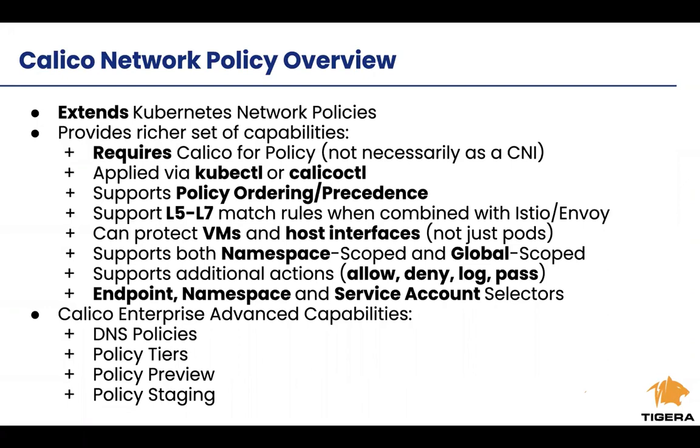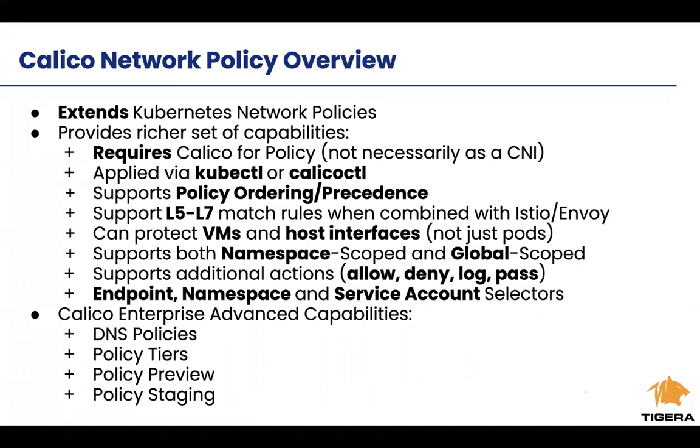You can apply policies to the VMs and host interfaces on those VMs and bare metals, which allows you to write policies to not only govern your pod-to-pod traffic, but also protect the host endpoints.